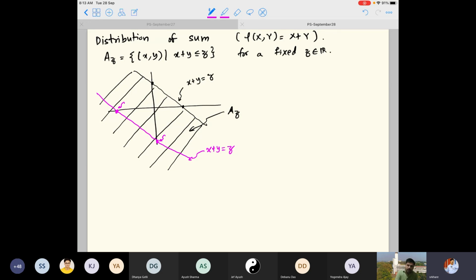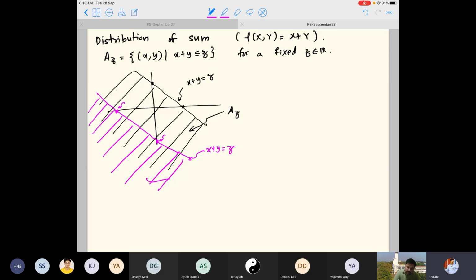So if you take Z equal to this, then what is the set AZ going to look like? The set AZ is going to look like this half plane. The pink shaded half plane is basically how X plus Y less than or equal to Z is going to look.